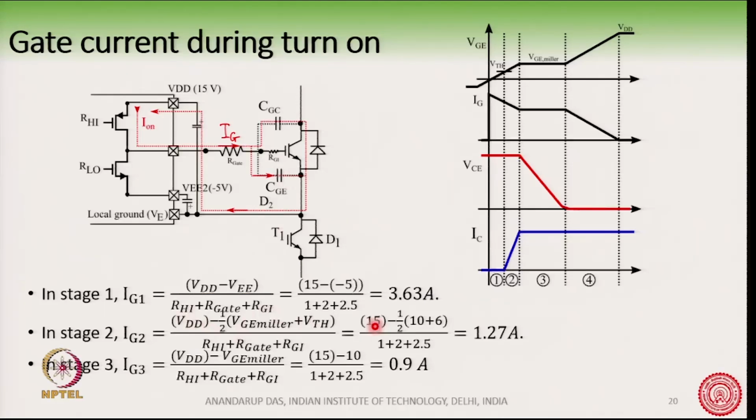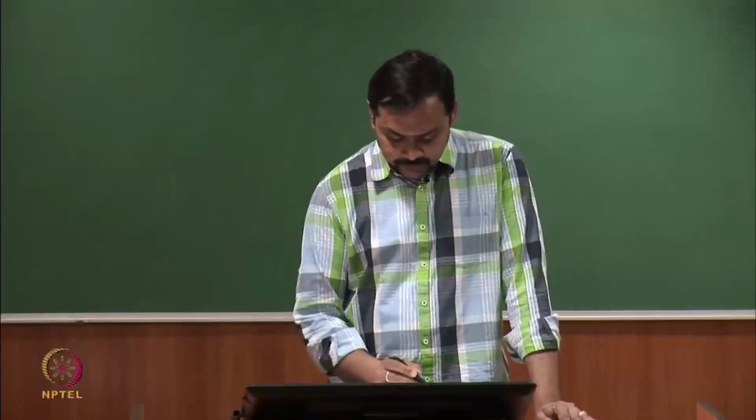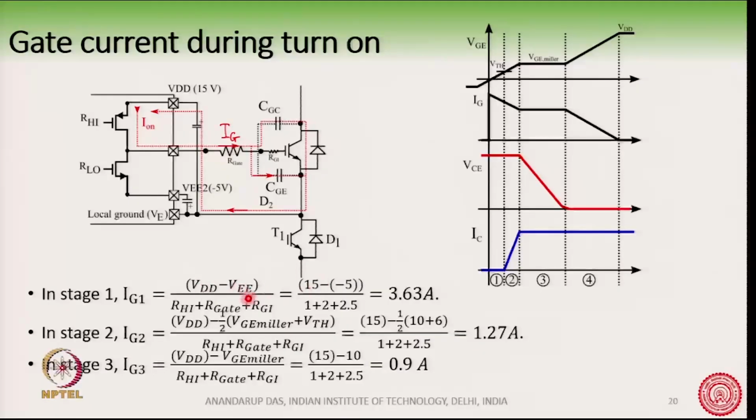We have taken some values which we have obtained from the data sheet of this SKM 300 GB 12 V4, that particular IGBT. So, VDD is 15, VEE is minus 5 volt.